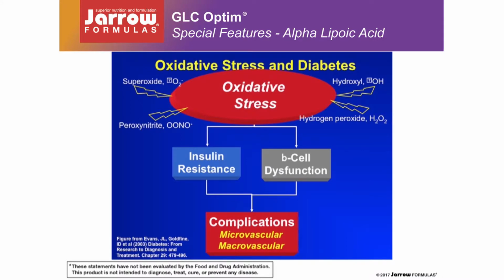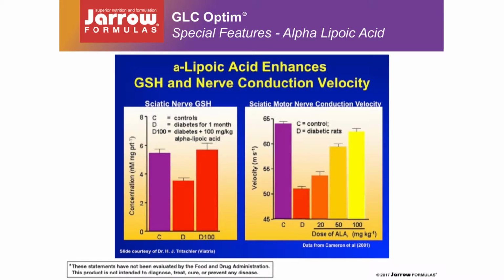It's important to note that reactive oxygen species can inflict damage directly upon cellular macromolecules, ultimately leading to complications of diabetes. In experimental diabetic polyneuropathy, oxidative stress is increased, which leads to a depletion of the endogenous antioxidant GSH, better known as glutathione.